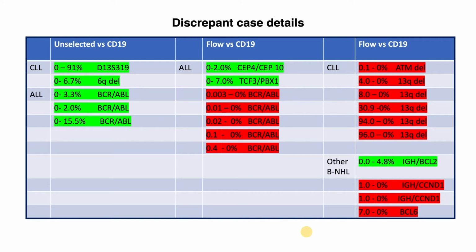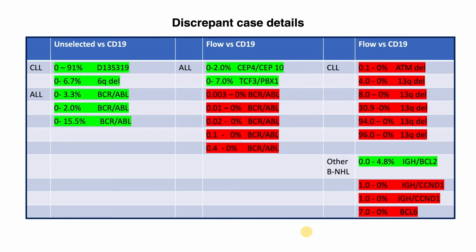Thirdly, there are several cases that showed FISH failure in detecting the abnormality, whereas flow was positive. Of these cases, if you look at these 5 cases, these are BCR-ABL positive B-ALL, flow showed low positivity, whereas FISH on CD19 selected cells is a failure.